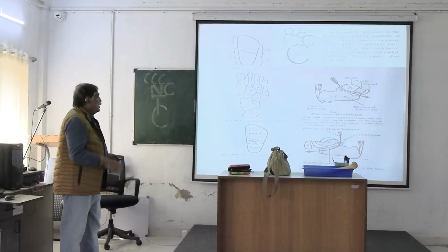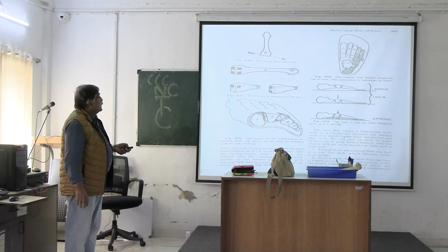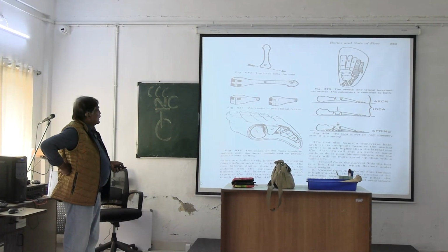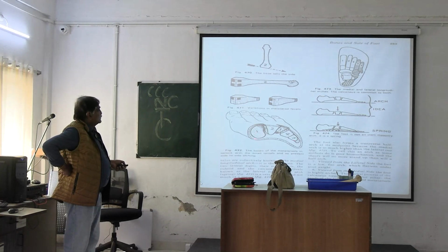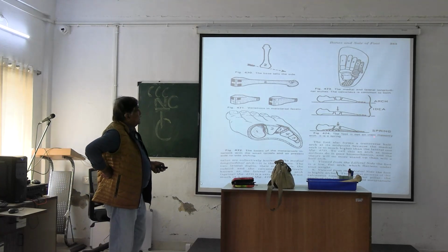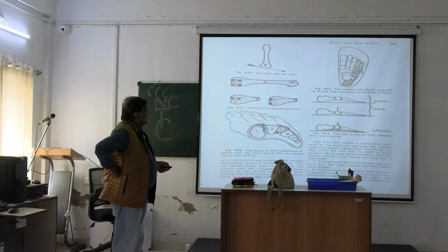You know and see, this is the thing: one, two, three, four, five metatarsals. Now the foot is not an inert masonry arch, it is a spring. Now the medial and lateral longitudinal arches, the calcaneus is common to both. See, lateral, medial.